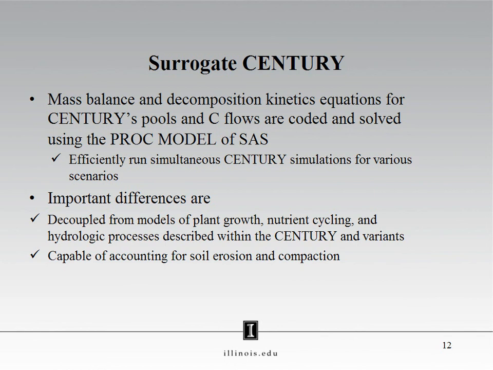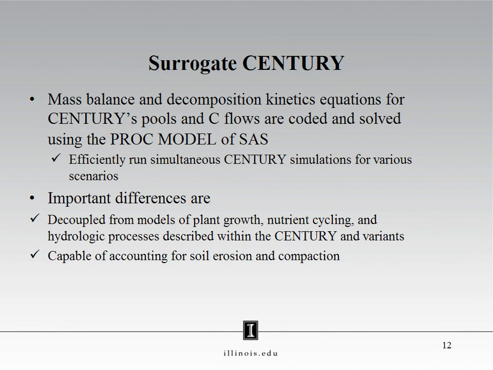An important difference between the Century and the surrogate models is that the surrogate model is decoupled from the models of plant growth, nutrient cycling, and hydrologic processes described within Century and other Century-related models.